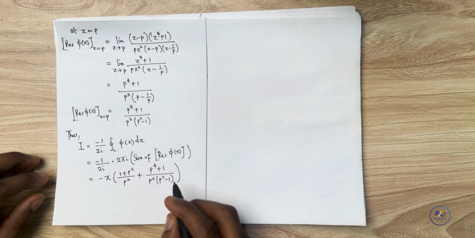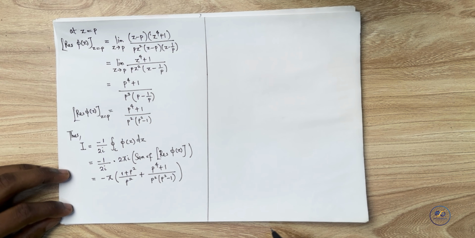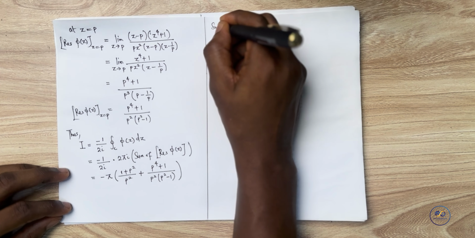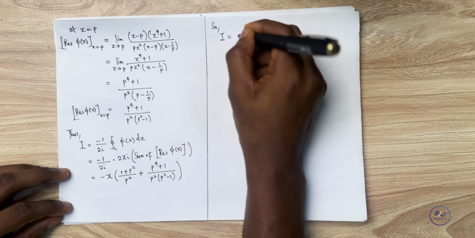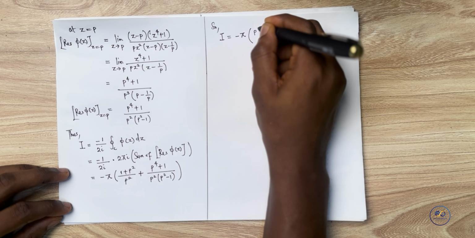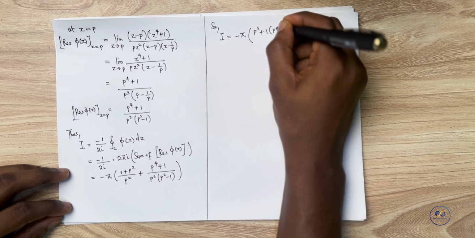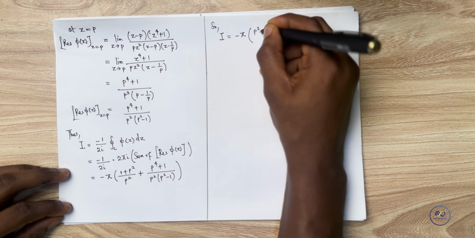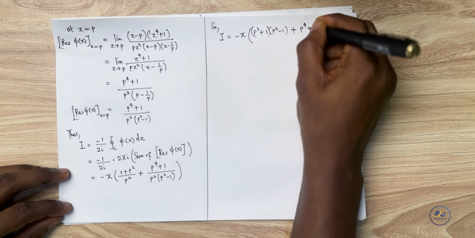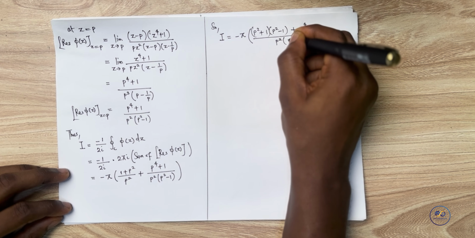Now, based off these two instances, we can easily see that the factorization, or the LCM, becomes very valid. So here we would have that I would simply be minus pi into p squared plus 1, which is this, multiplied by p squared minus 1, and of course, plus p raised to the power 4 plus 1, divided by p squared minus 1.